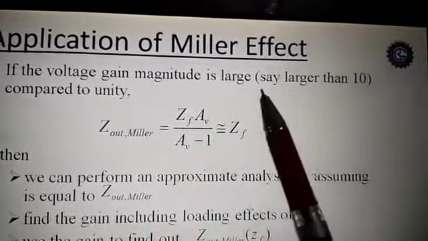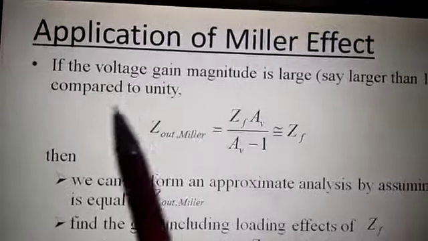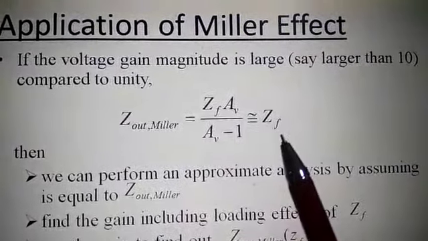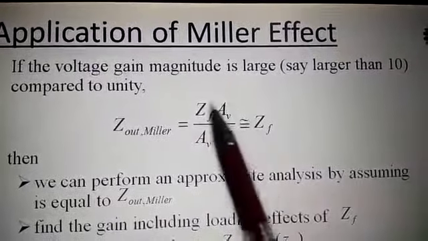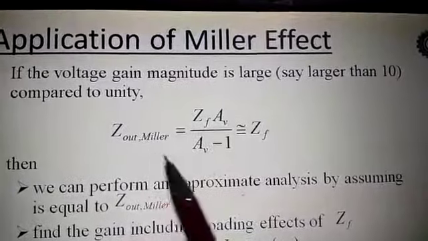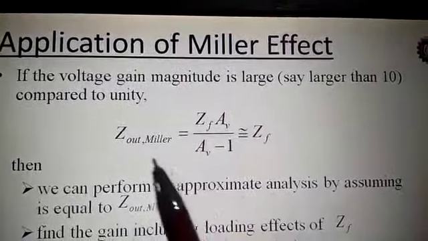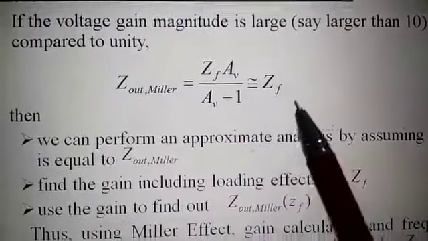If the voltage gain magnitude is large, say larger than 10 compared to unity, then Z out Miller is approximately equal to ZF, because ZF into AV upon AV minus 1 is the output Miller impedance, and if the voltage gain is large, then it is equivalent to ZF.